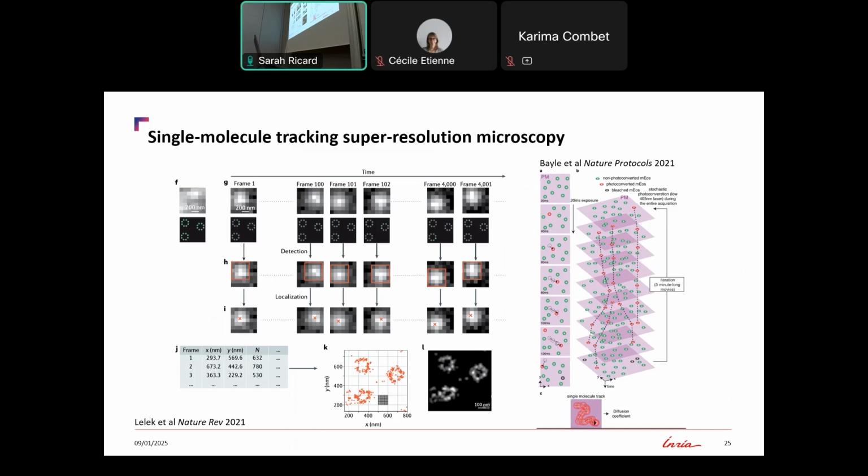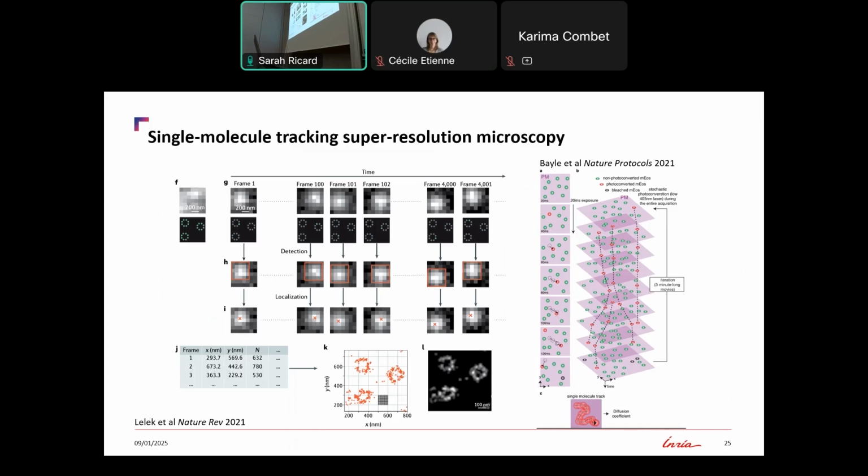And then if you do it at regular times, you have images where you see a position there and there, and then after some time a position there, and then after 20 milliseconds a position there. And you just have to track to reconstruct the position of each molecule and say, okay, here at 40 milliseconds, the protein that was here was the same one that was here. So I have a track between there. And there at 60 milliseconds, it moves a bit.